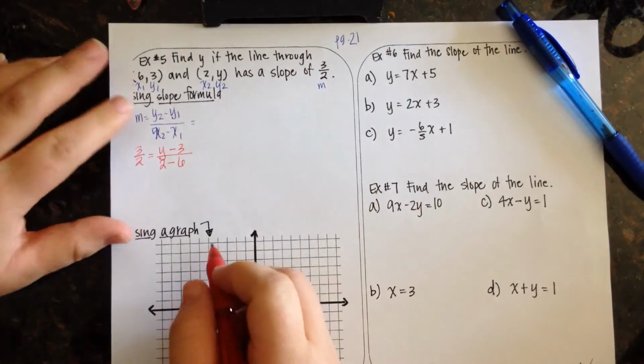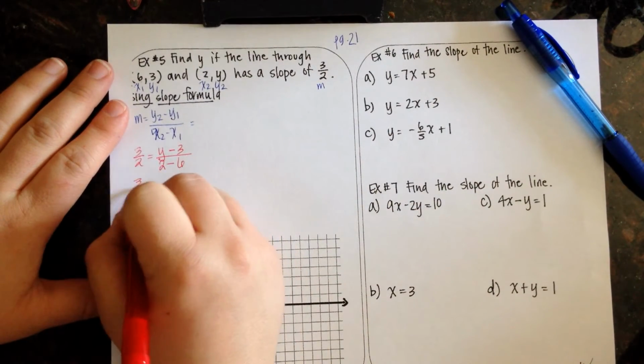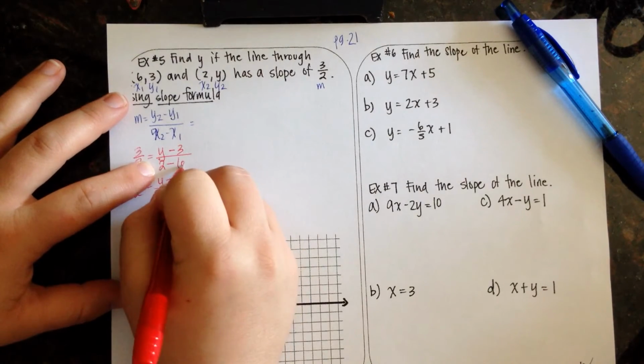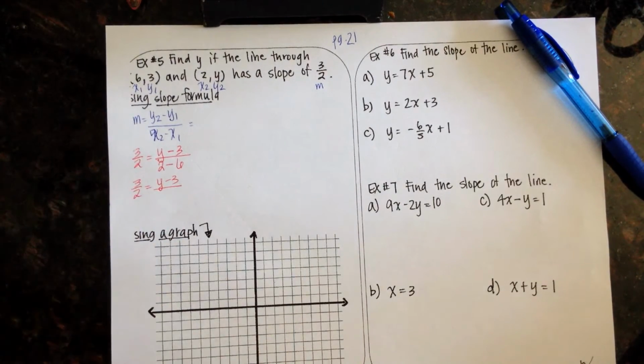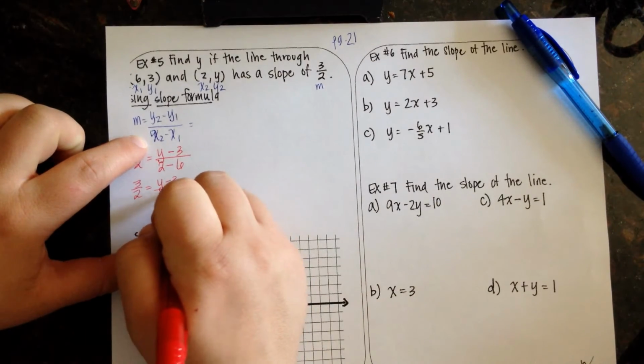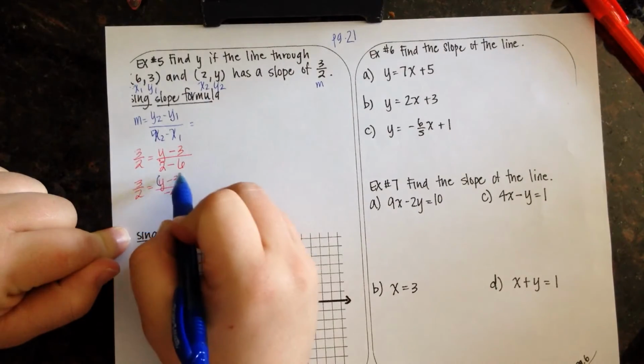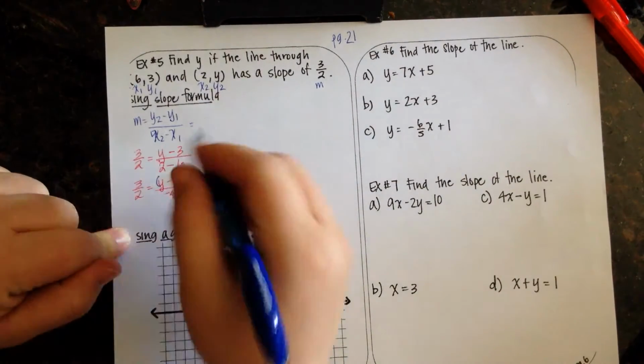And I want to simplify anything that I can. So this is going to be 3 over 2 equals y minus 3. 2 minus 6, okay, is going to be a negative 4. Now from here, I need to keep y minus 3 as a term, and I'm going to cross multiply.